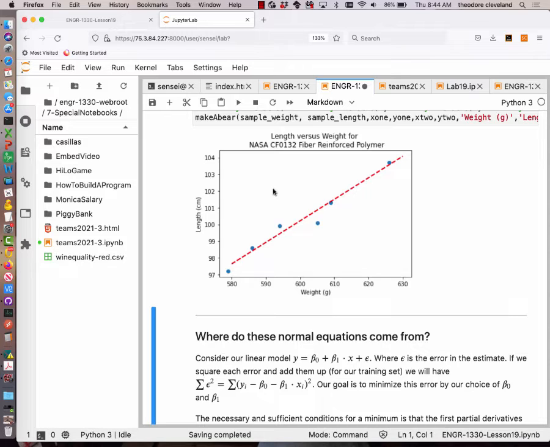Now we have some nice features from that normal equation. We know that it's a minimum energy solution. It minimizes the sum of squared residuals. So that's a good thing. If we know we've minimized the sum of squared residuals, we also know something about the residuals themselves.